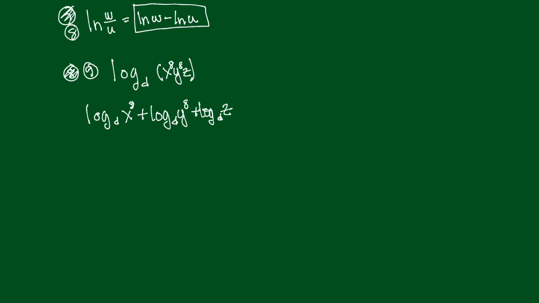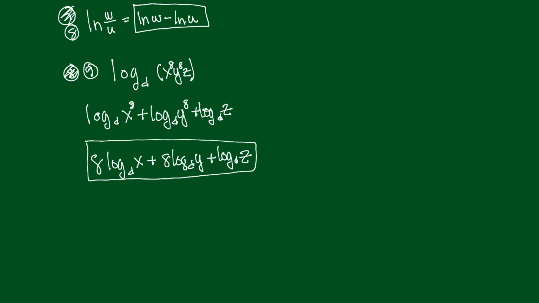And now I see I've got 2 powers, right? I've got a power here and a power here. So I can bring those 8s down in front as multipliers, writing it like this: 8 times the log base d of x plus 8 log base d of y plus, and then just log base d of z.